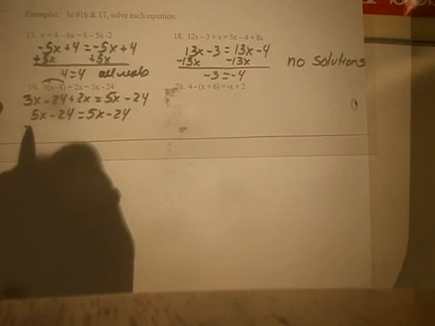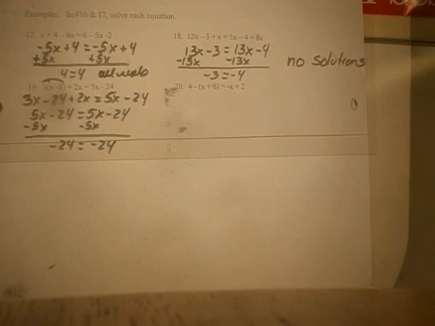And when you subtract 5x from both sides, you are left with negative 24 equals negative 24. That is always true, so any number you put in there works. So our solution here is all real numbers.